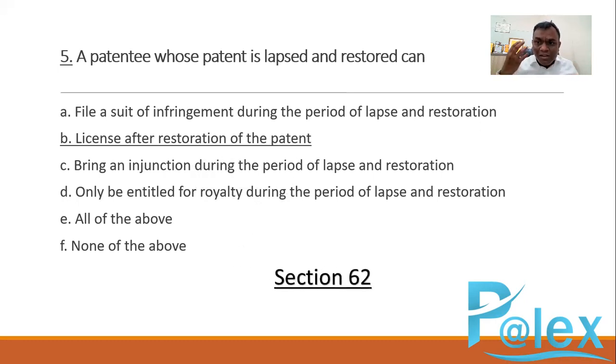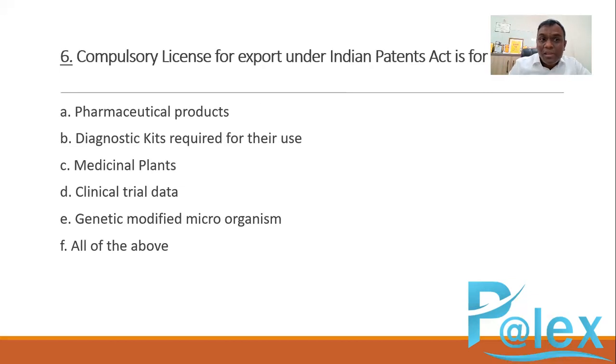Restoration brings back all your rights of the patent. So you can license it out, you can file an infringement suit, you can bring an injunction, you can also be allowed a royalty, but this would be after the restoration. During the lapse and restoration, it won't be available.